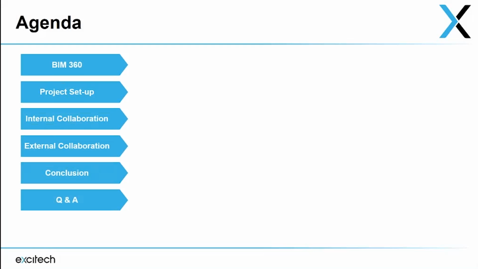Just a quick run through the agenda. We'll start with just a quick overview of what the platform is, where it is, where it's going. We'll jump into the project setup, how to actually begin your project in BIM 360 design. Actually setting up the whole BIM 360 portal was covered in our webinar from last week, so I'll just be looking at adding in a new project.